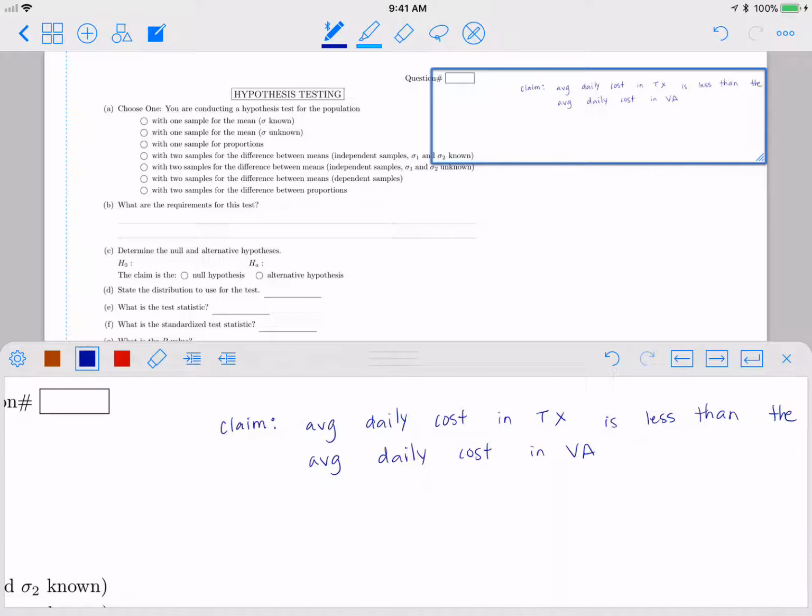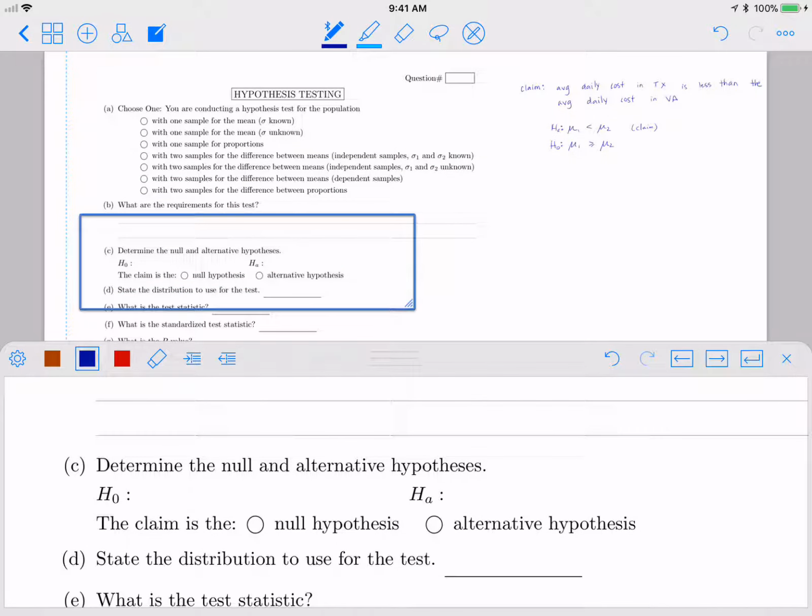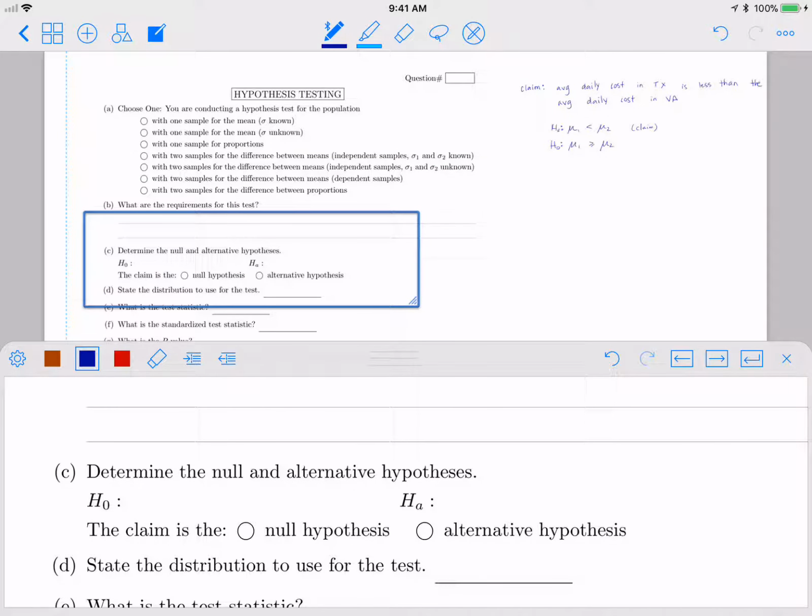To translate this into a mathematical statement, we'll just write mu1 is less than mu2. We take the complement, mu1 is greater than or equal to mu2. And the complement is our null hypothesis. The claim is the alternative hypothesis. So our null hypothesis is mu1 is greater than or equal to mu2. Our alternative hypothesis is that mu1 is less than mu2. And the claim is the alternative hypothesis.